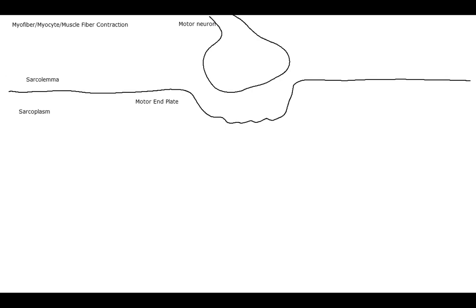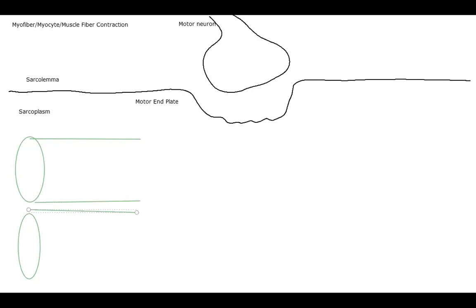We know also that the sarcoplasm is filled with cylinders. I'm not going to draw them all the way across because it's just going to get in the way.